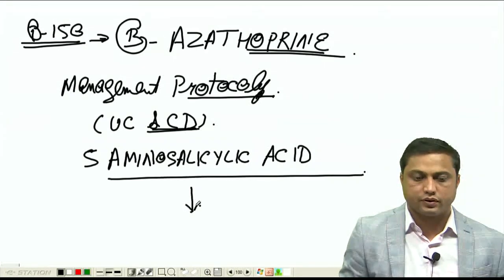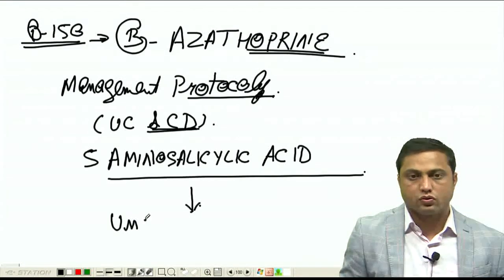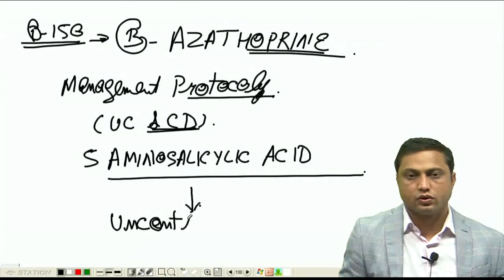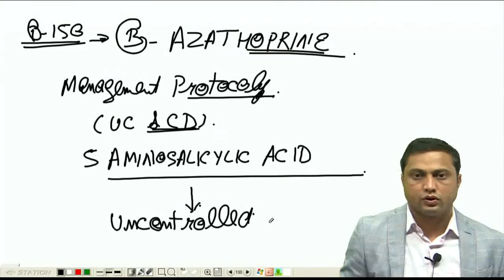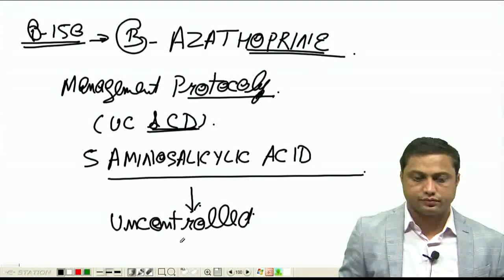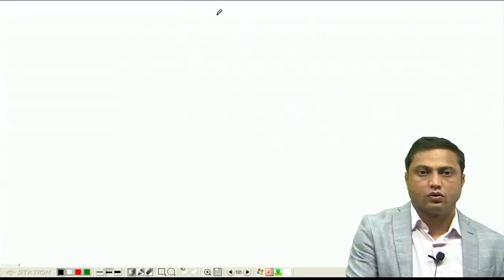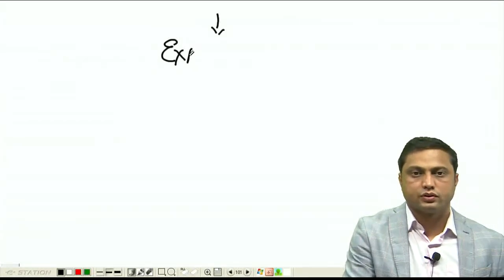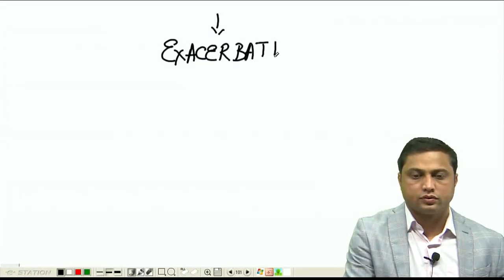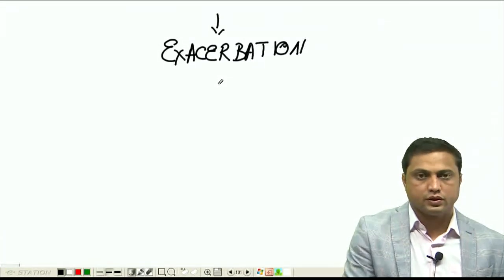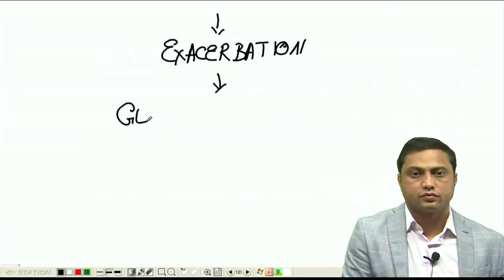If it is not controlled, meaning the patient is having uncontrolled disease or exacerbation, give glucocorticoids.